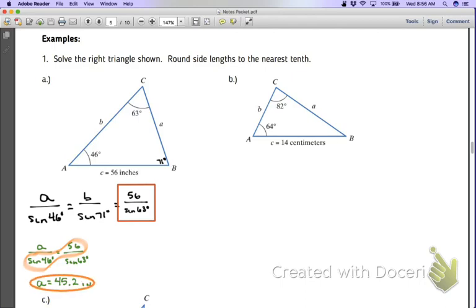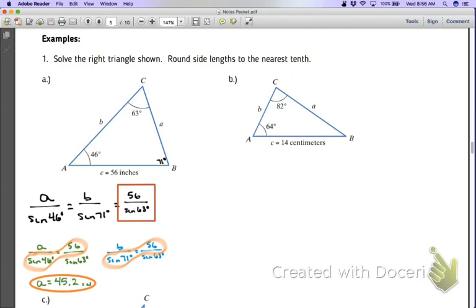I'm going to do the same thing again, but instead of doing it for A, I'm going to do it for B. So I'm going to go B over sine of 71 degrees equal to, do not use the answer that I just got. Use the one that they give you, 56 over sine of 63 degrees. Then cross multiply: 56 sine of 71 degrees, close the parenthesis.